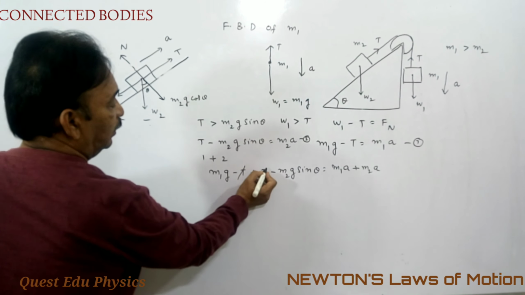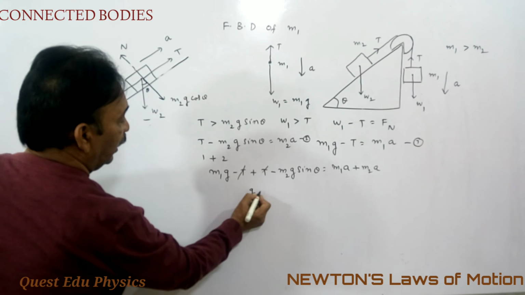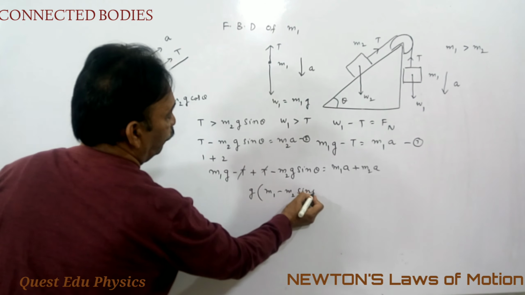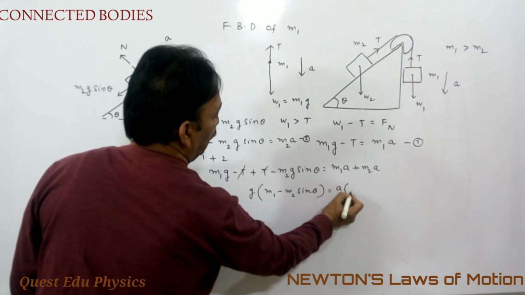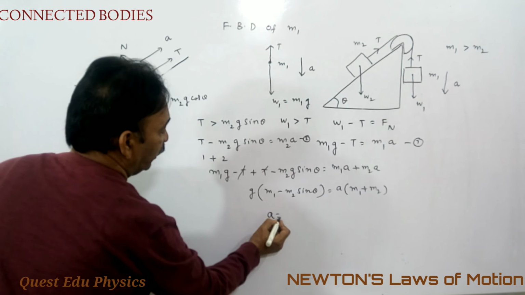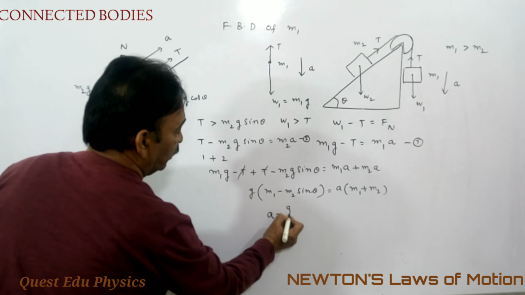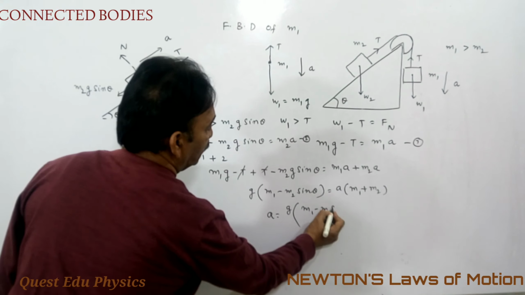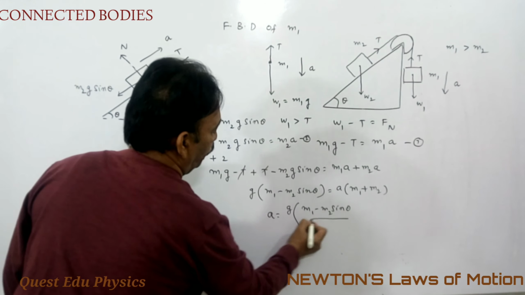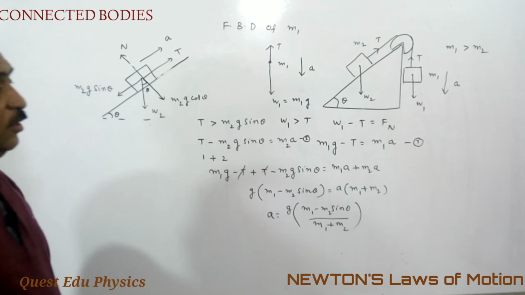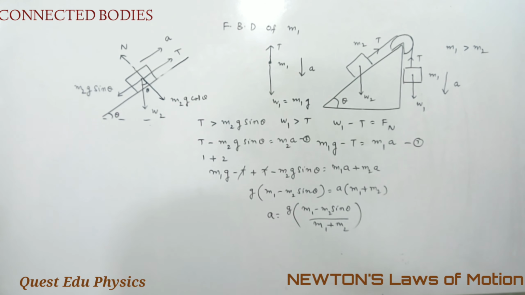Okay, students, here the T's get cancelled and G of M1 minus M2 sin theta is equal to A of M1 plus M2, and we got the acceleration is equal to G of M1 minus M2 sin theta by M1 plus M2. In this way, you can find the acceleration.